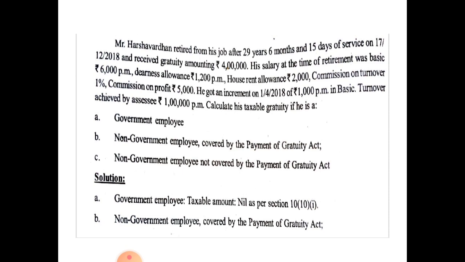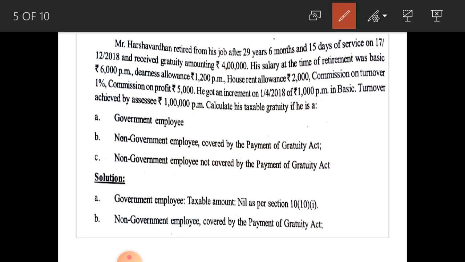See this problem. Mr. Harshavardhan retired from his job after 29 years, 6 months and 15 days of service. For the employee covered by the Payment of Gratuity Act, you have to consider it as 30 years, and for the employee not covered by the Payment of Gratuity Act, you have to consider it as 29 years only.